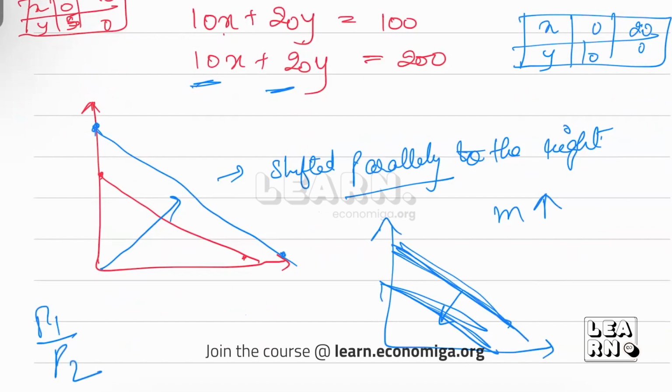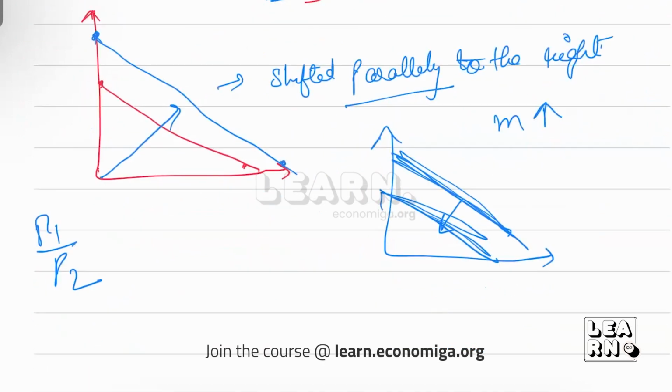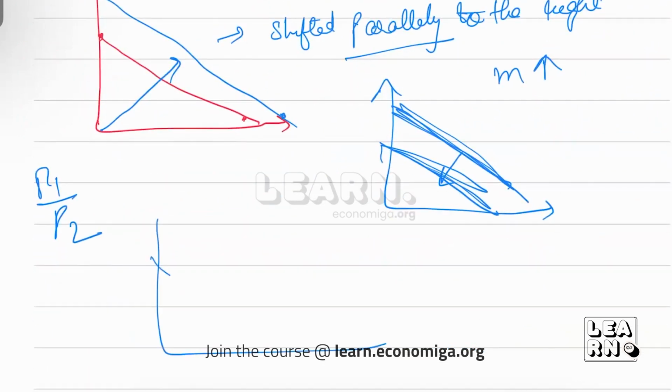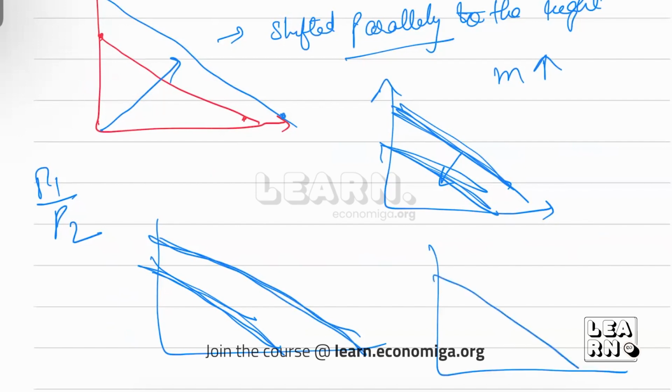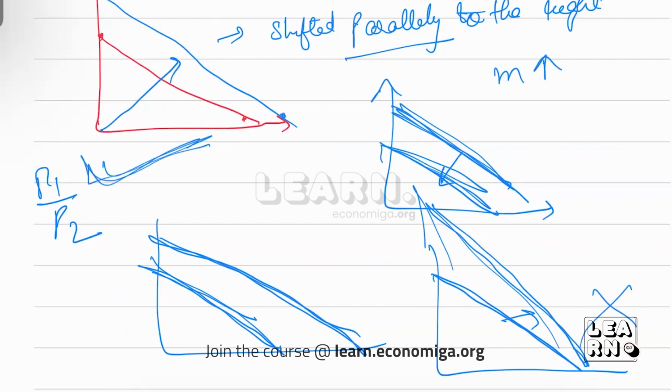That means a parallel shift in the straight line. Parallel means if it is like this initially, the new line will also have exactly the same slope. It cannot be the case that the original line was like this and the new line was like this. No, that means the slope is changing. This is wrong. Only this is correct because the prices are unchanged.